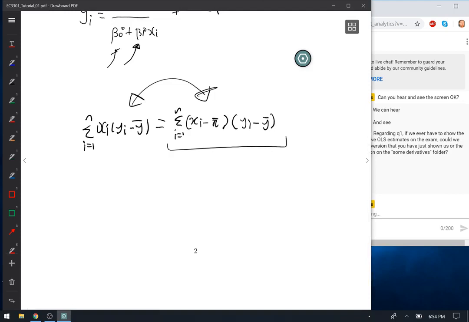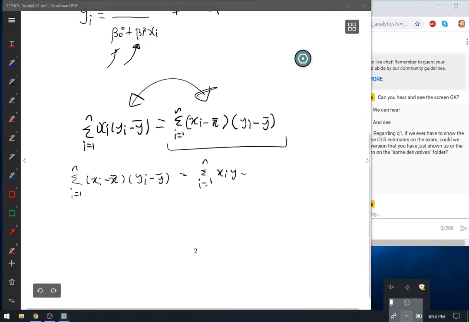If you expand out the right hand side, the sum i equals 1 to n of xi times yi minus y bar is just equal to the sum of xi times yi minus y bar.